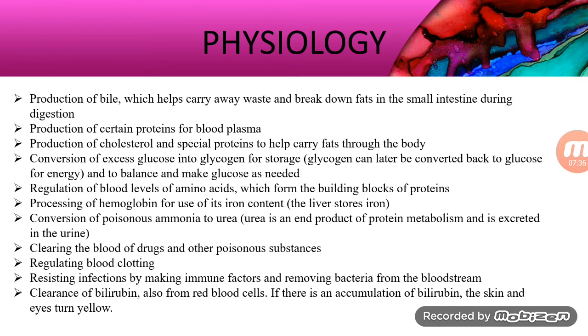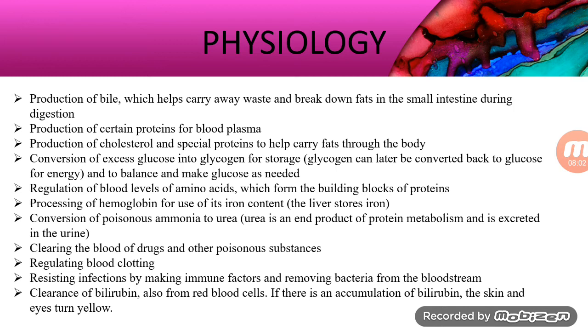So when we eat, at that time there will be some poisonous substances for sure. Ammonia is one of the most poisonous substances in our body. Okay, it will be contained in our diet. So those poisonous substances like ammonia will be converted into the form of urea.